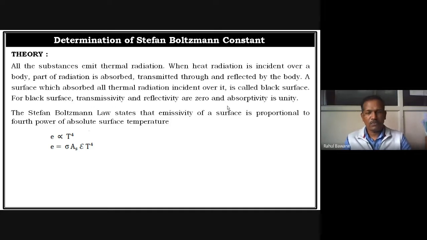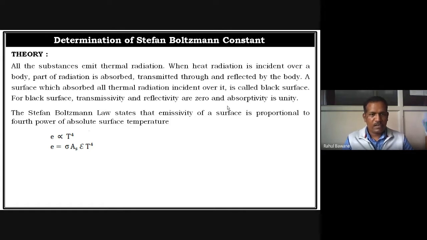And remember, I always say that whenever the topic is radiation, we have to keep the temperature in Kelvin only. Absolute zero temperature means 0 Kelvin. It is not 0 degree centigrade, it is 0 Kelvin.